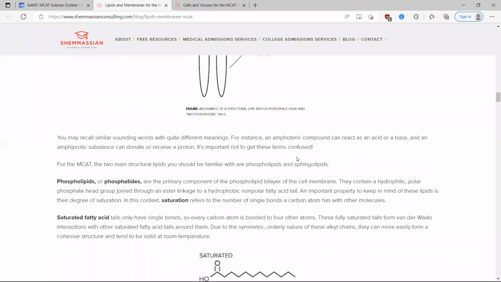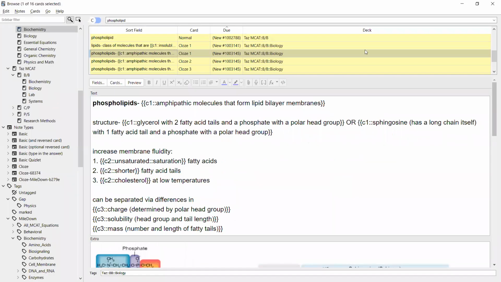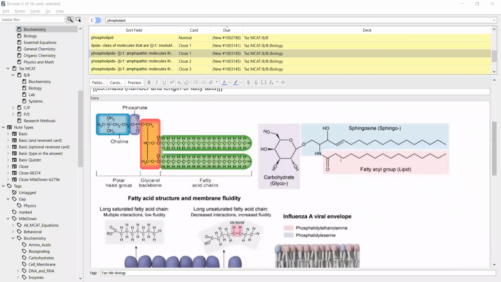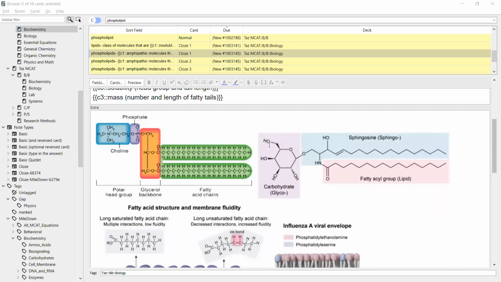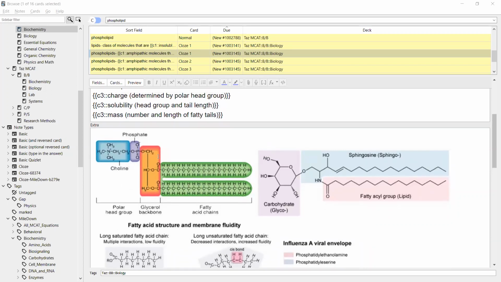Besides phospholipids, there are also sphingolipids. Sphingolipids are basically the same thing, but just a little bit different. So sphingolipids look like this. If you compare the phospholipid and the sphingolipid, they're very similar in terms of properties.